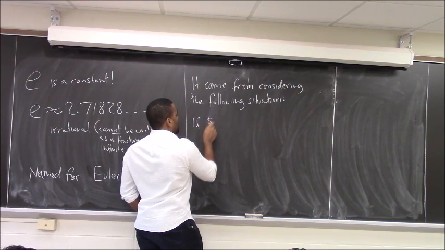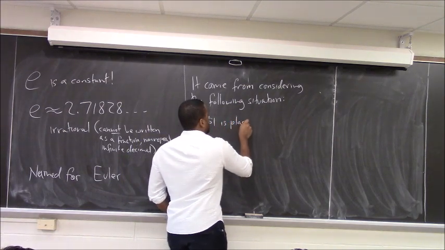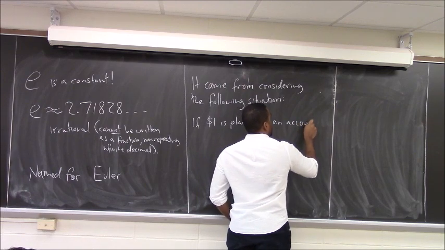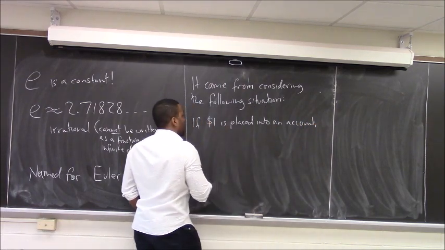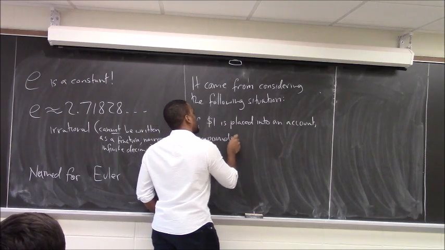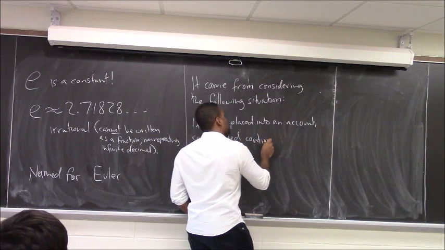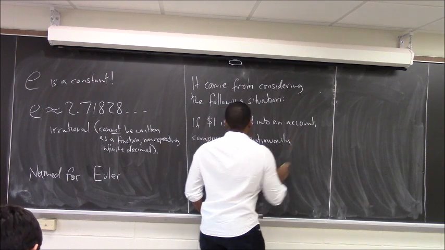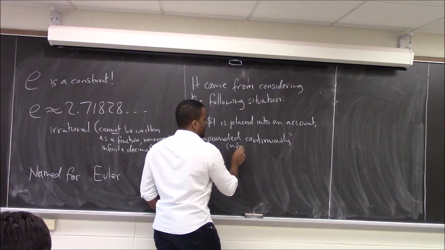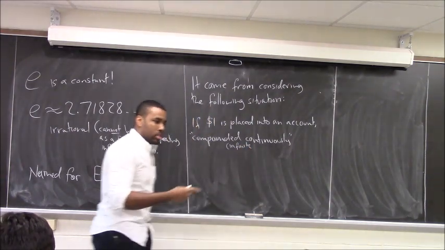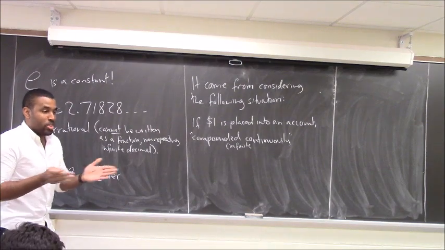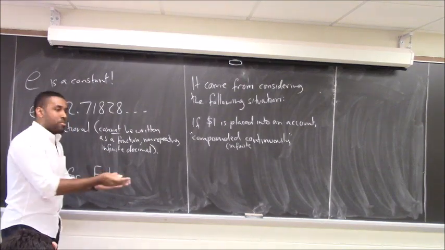If $1 is placed into an account, and compounded continuously. Compounding continuously is a phrase that means an infinite number of times. Right? So you're applying interest an infinite number of times. Like, it's not like every second or every day or every month. No, an infinite amount of times.